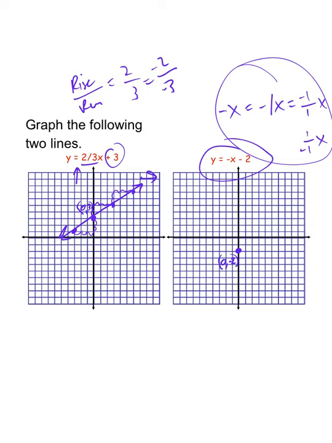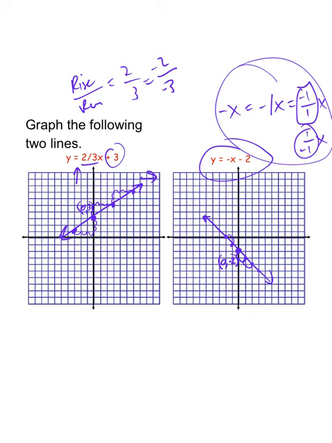This one would be a fall of 1 followed by a run of 1, so it would look like this. Or I could use up 1 but then back 1, and so on. So that equation looks like this.